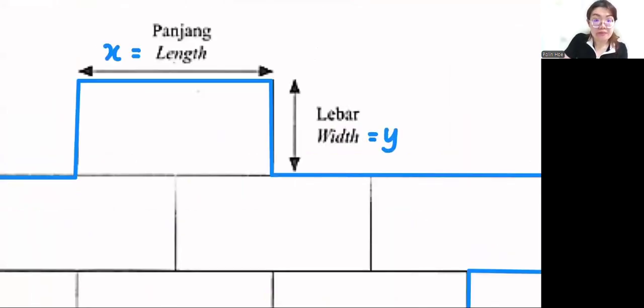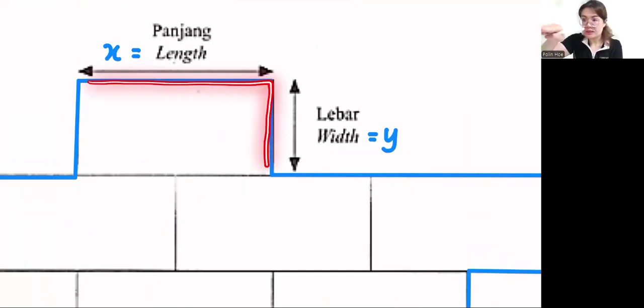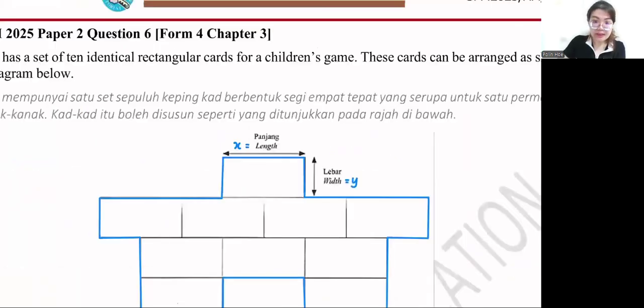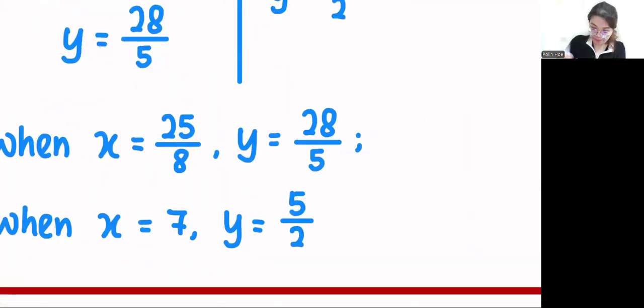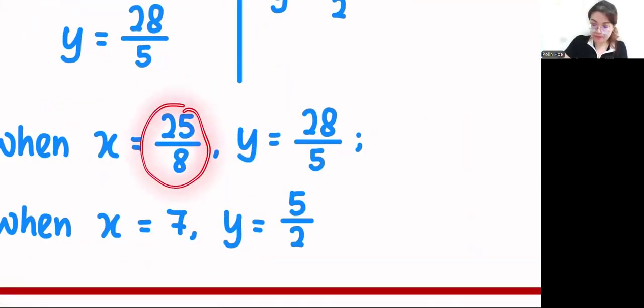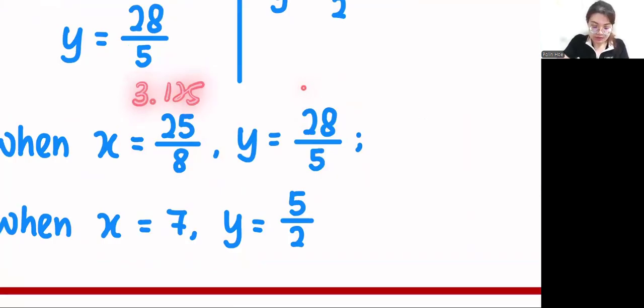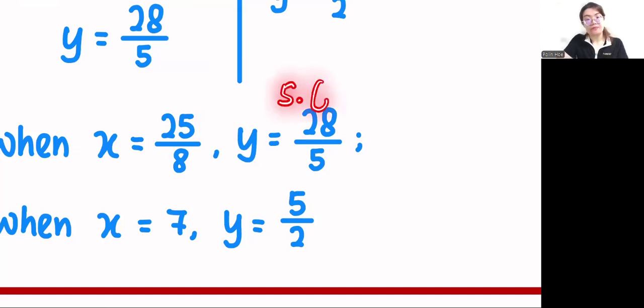From the diagram, the length is longer than the width. The length is bigger than the width, correct? You check these two and see. 25 over 8 is 3.125, and this is 5.6.